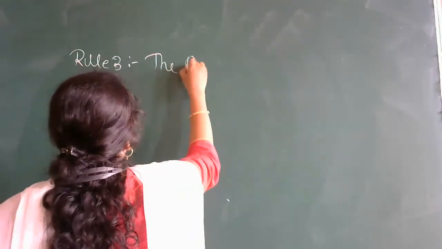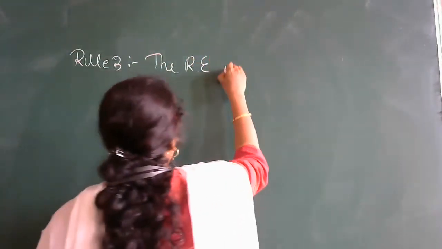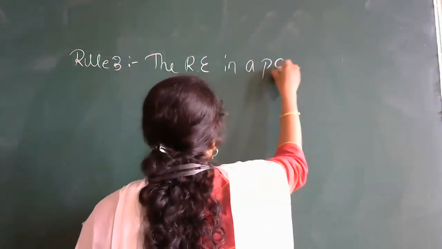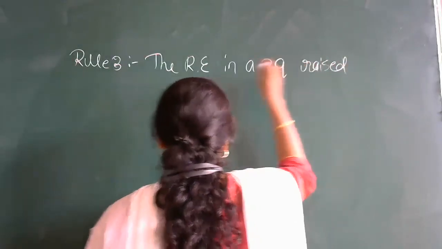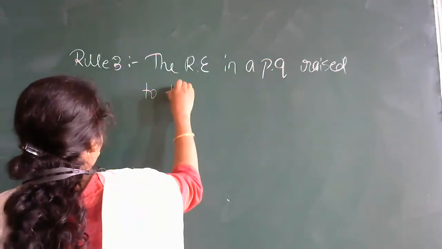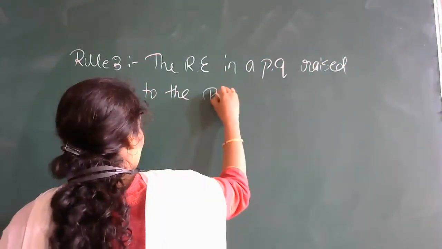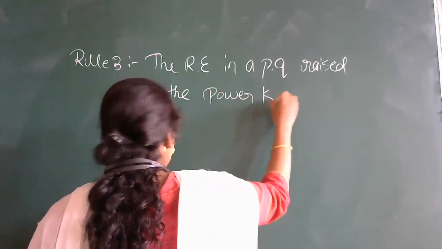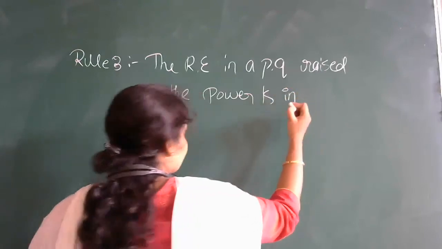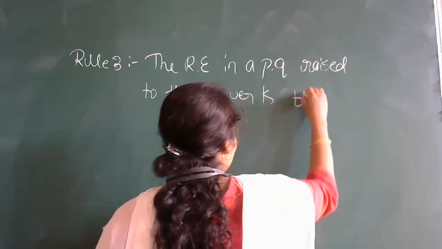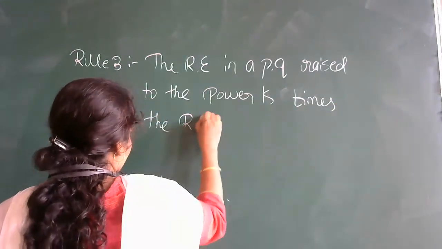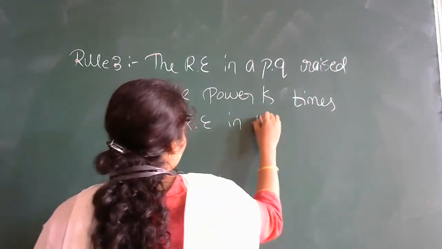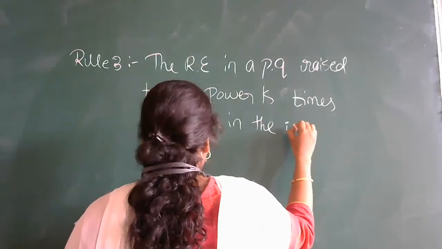The relative error in a physical quantity raised to the power k times the relative error in the individual quantity.